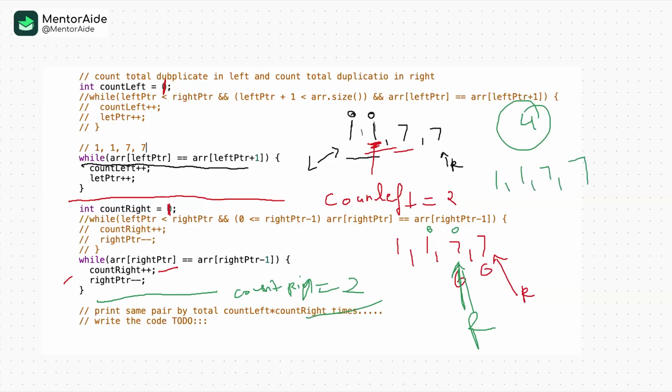I will use different pens for different ones. 1 is this one, and 7. A student asks: Sir, I didn't get the count right plus and right pointer minus. So this 7 is equivalent to this 7.